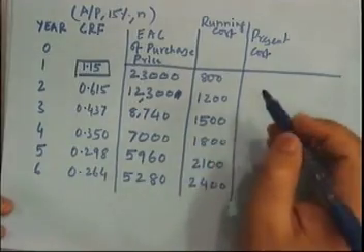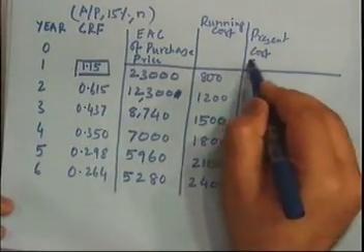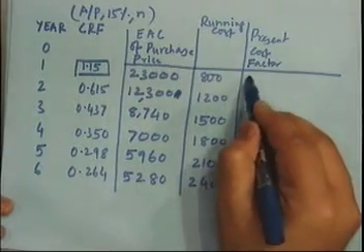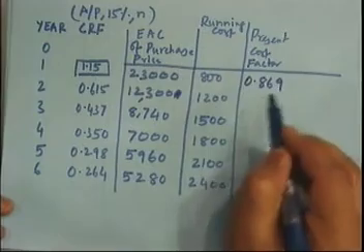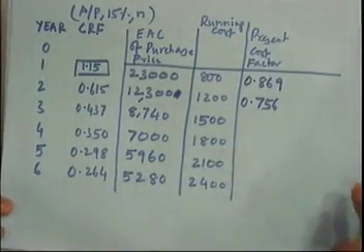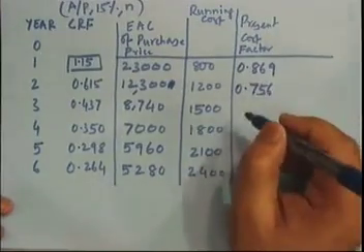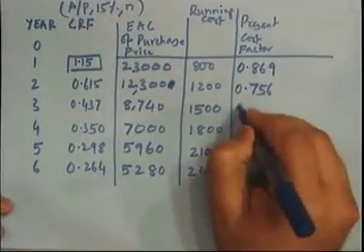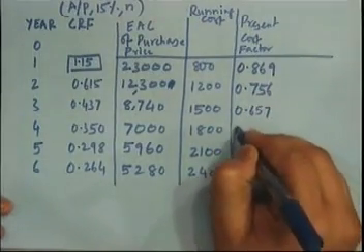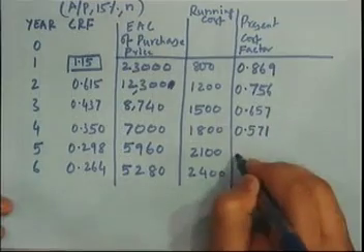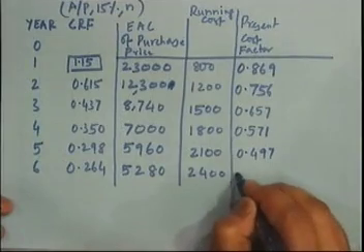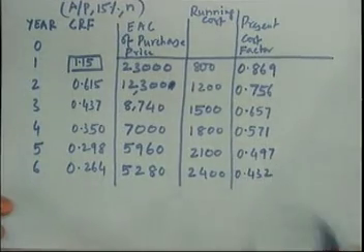The present cost factors are 0.869, 0.756, 0.657, 0.571, 0.497 and 0.432.